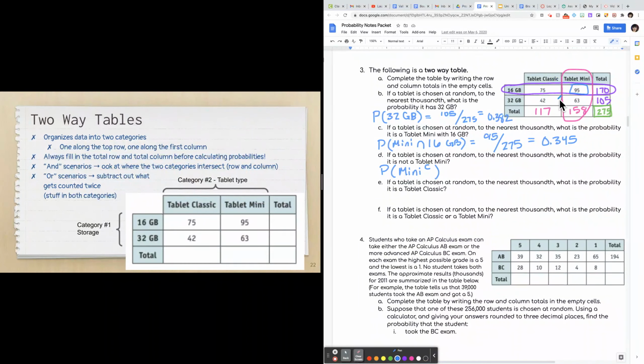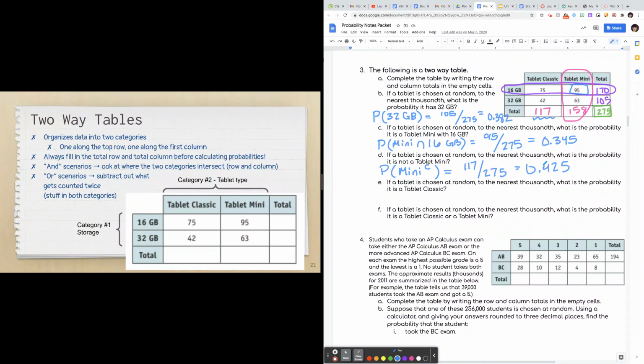Well, there's only two categories. You can either get a mini or a classic. So if it's not a mini, it has to be a classic. So there's 117 classics right here, divided by the total in my table, 275. If I plug that into my calculator, I get 0.425.